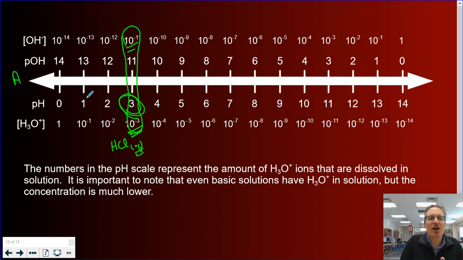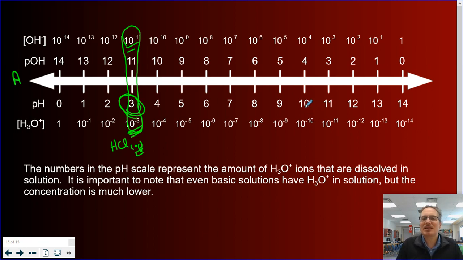And the stronger our acid becomes, the significantly less or minuscule the hydroxide concentration is going to be. So although in every acid there are some hydroxide ions, they are so tiny compared to the amount of hydronium that they don't even register. And our acid wins because all those hydronium ions take place.